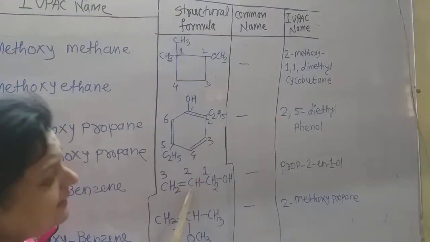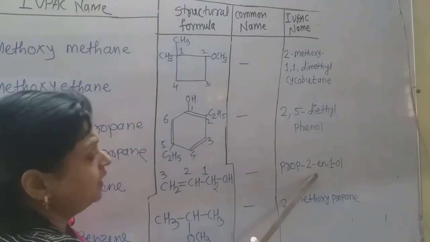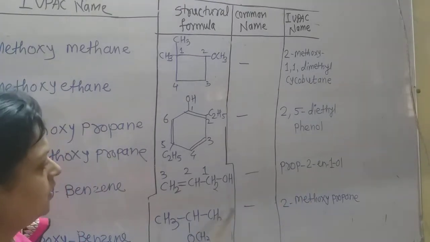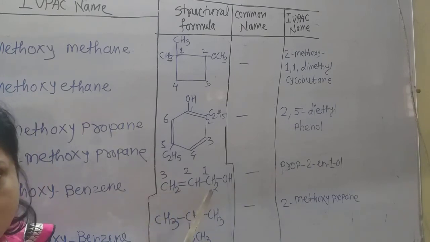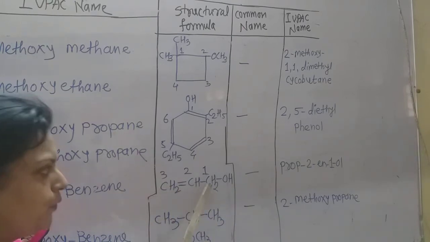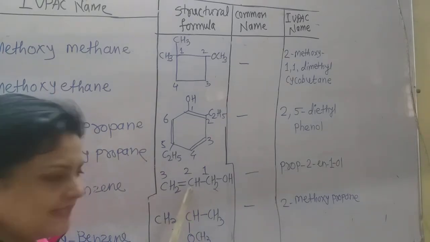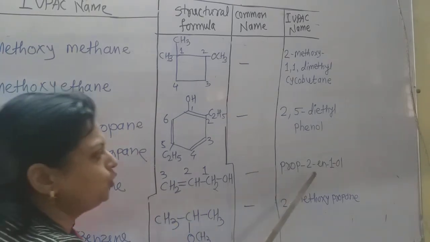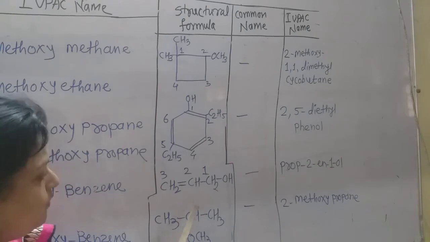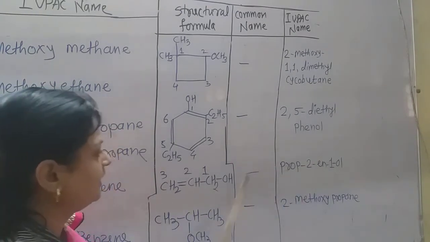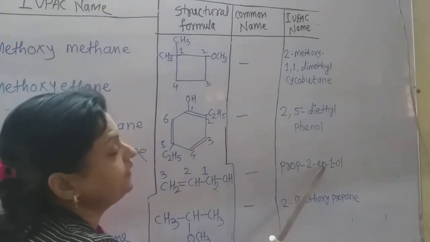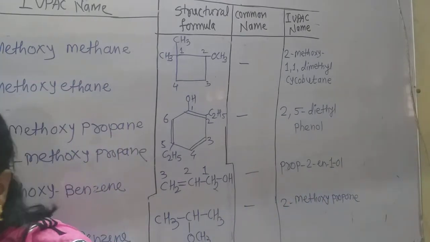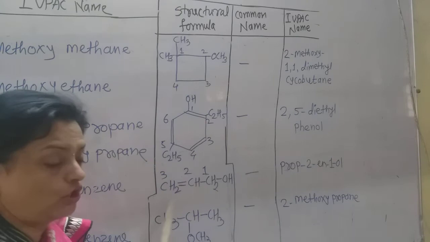But at the second carbon atom there is the double bond. So the name of this alcohol is prop. At the second carbon there is a double bond, therefore 2, and as it is a double bond, en is written here. And at one carbon atom there is the OH group, so prop-2-en-1-ol. This is the IUPAC name of this alcohol.